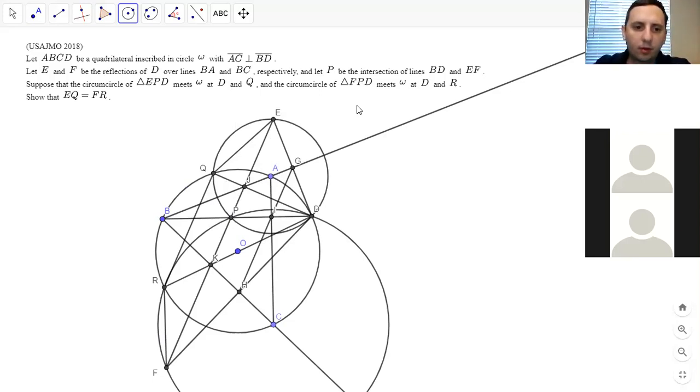A, B, C are the midpoints of arcs QR. Yes. I'm not sure how to prove B. So it looks like RPA and QPC are collinear. Not positive, but yeah, there's just a lot of stuff going on in this diagram. So P is the orthocenter of ABC, but it looks like it's also the incenter of QDR.